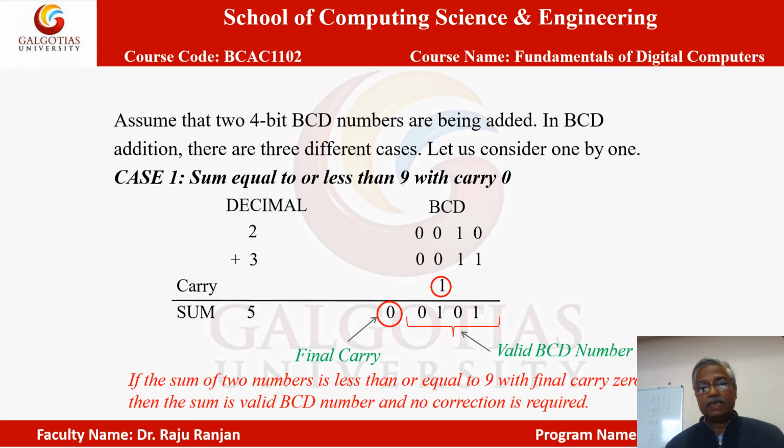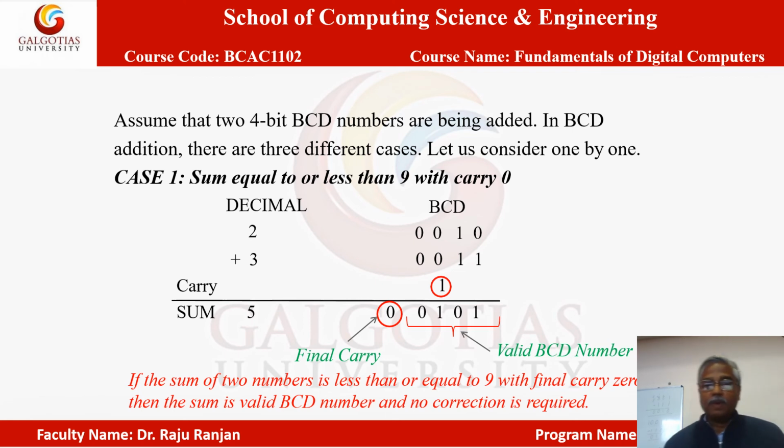The first case is: the sum of the two BCD numbers is less than or equal to 9, but no carry is there, meaning carry is 0. For example, if we add two decimal numbers 2 plus 3, the 2 is represented as 0010 in BCD and 3 is represented as 0011 in BCD.